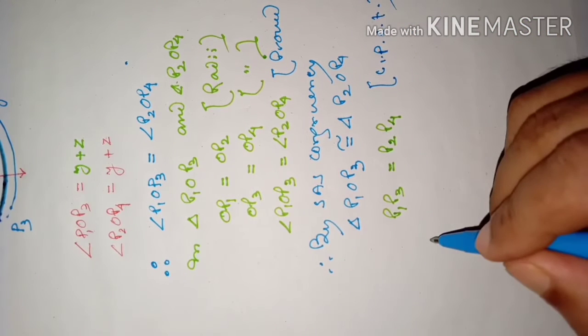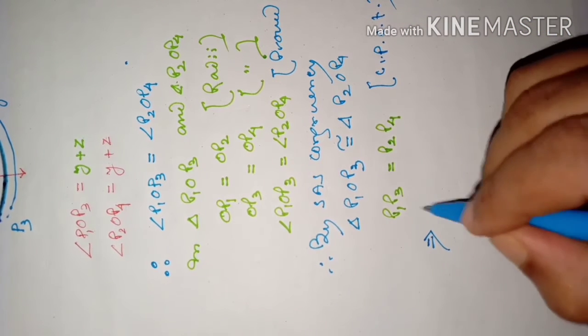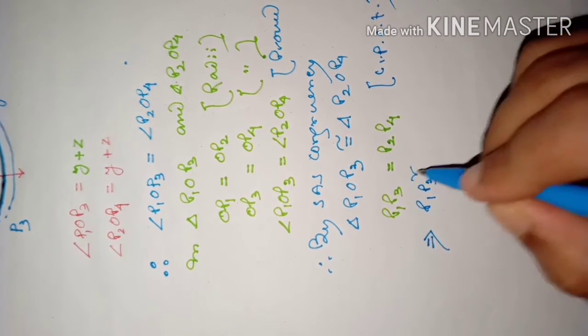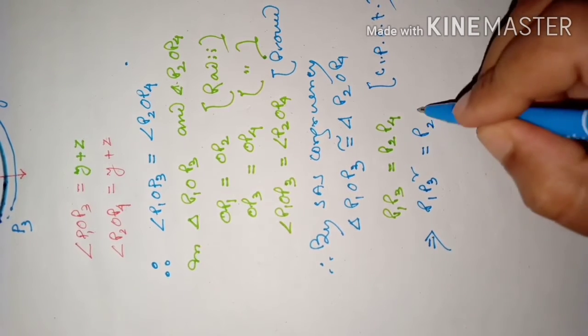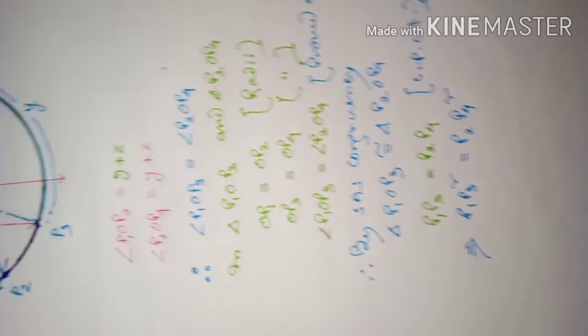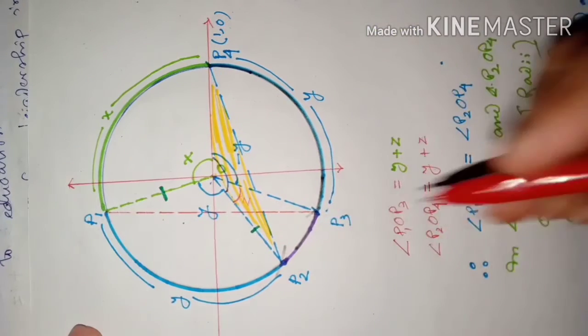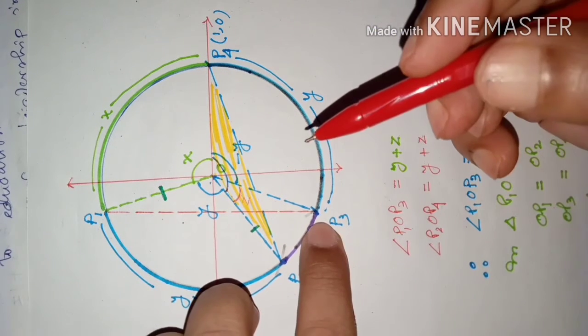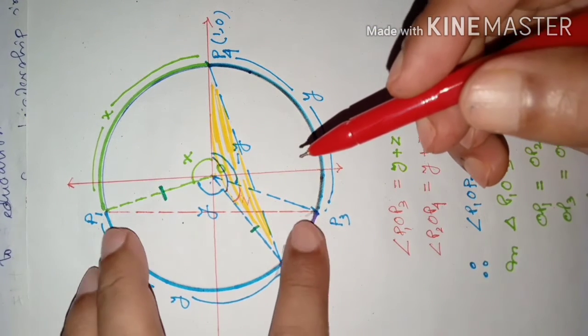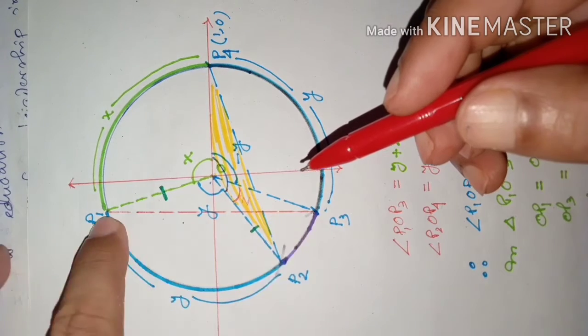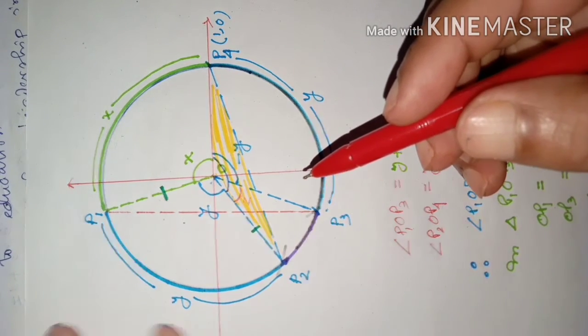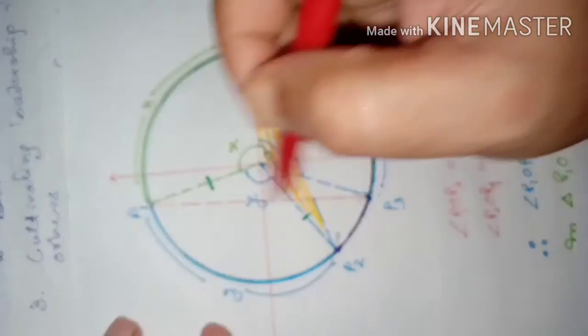So if we square both these terms, P1P3 squared equals P2P4 squared. You may be thinking why I am squaring it. I am telling you one thing. Here you see, dear students, I wrote P1P3 squared because this is about the distance between P1 and P3. So P1P3 means the distance between P1 and P3.